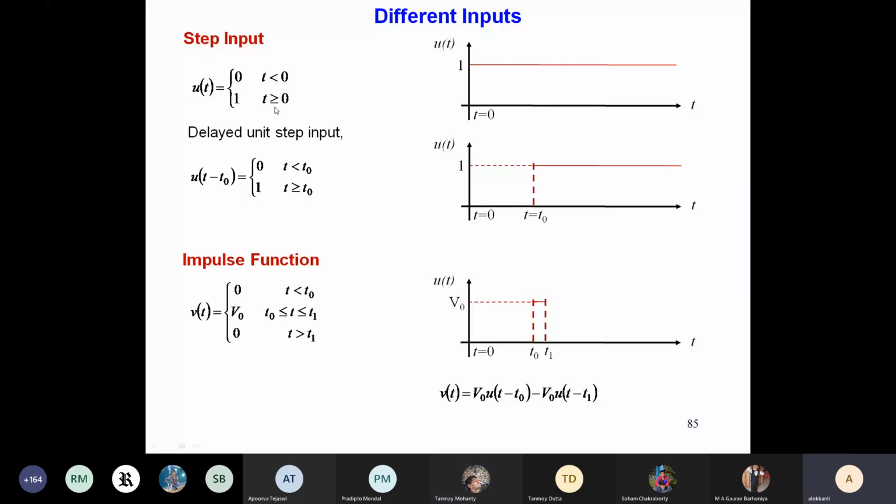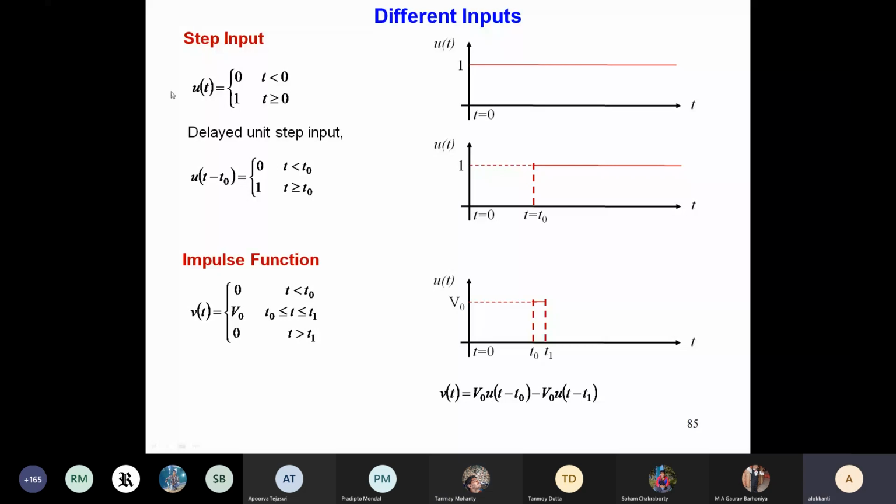So if you put t equal to t naught, what is the value here? It is exactly 0 on the right hand side, where the value is negative. So this value is actually 0.